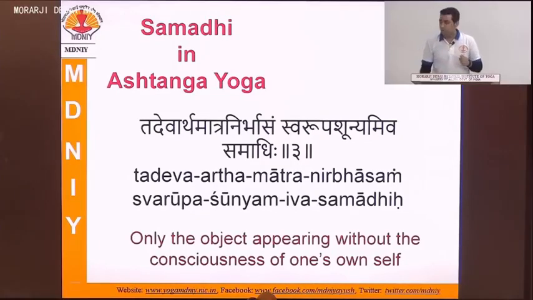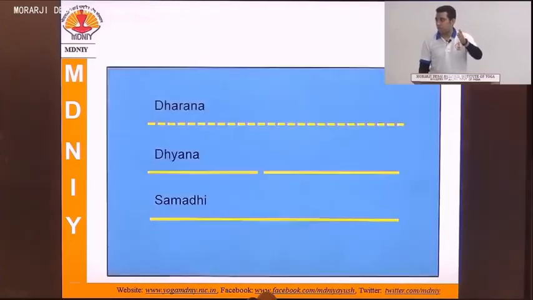We can say for dhyana: dhyata, dhyeya and dhyana. Dhyata is the person who is trying to connect with their self in meditation. Dhyeya is the object taken in dharana, and dhyana is the process. So when you do dhyana, later on it becomes samadhi, where only the process remains and dhyata and dhyeya merge.